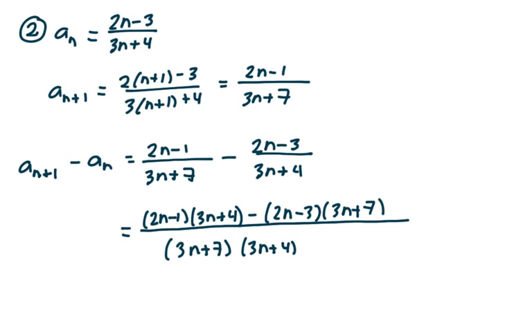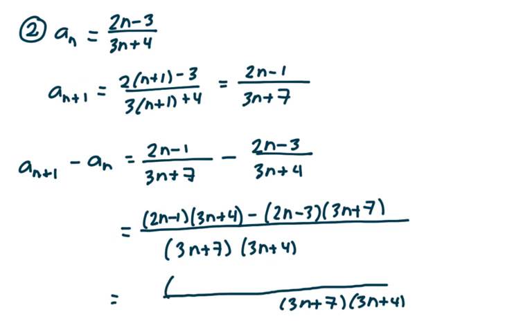Now, if I distribute, in the denominator I get (3n plus 7) times (3n plus 4). In the numerator I get 6n squared plus 8n minus 3n plus 5n minus 4.